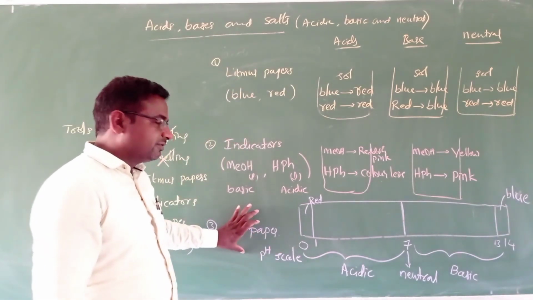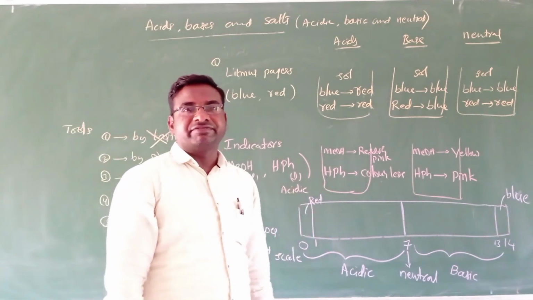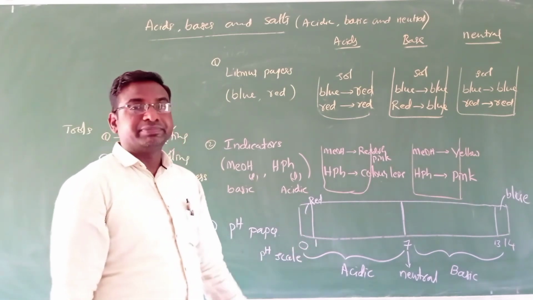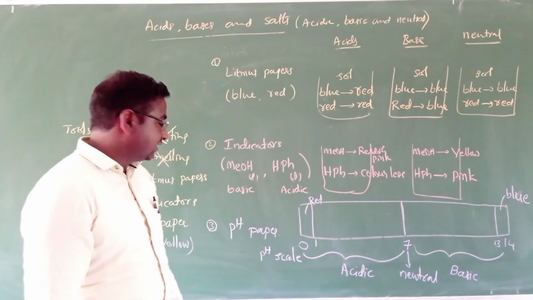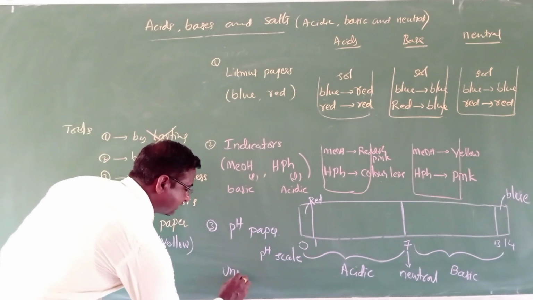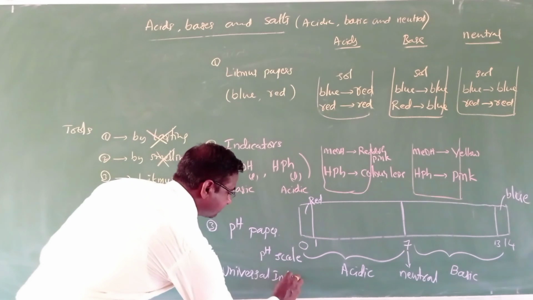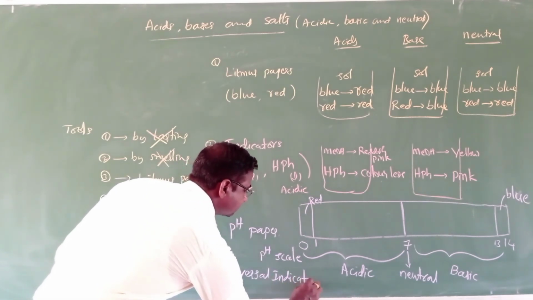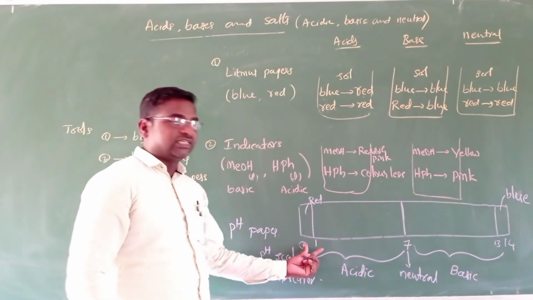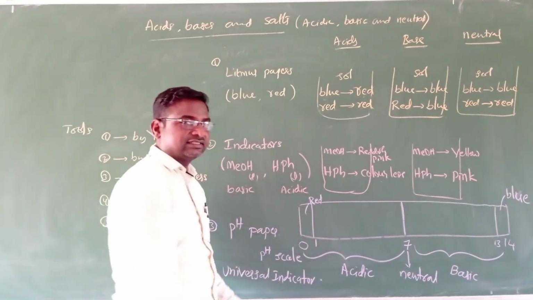With the help of pH paper, we identify with 100% accuracy whether the given compound is acidic or basic, with the help of the pH scale or pH value. So this is also nothing but a universal indicator. If the pH value is very near to 0, meaning 0 to 1 or 2, that is called strong acid.